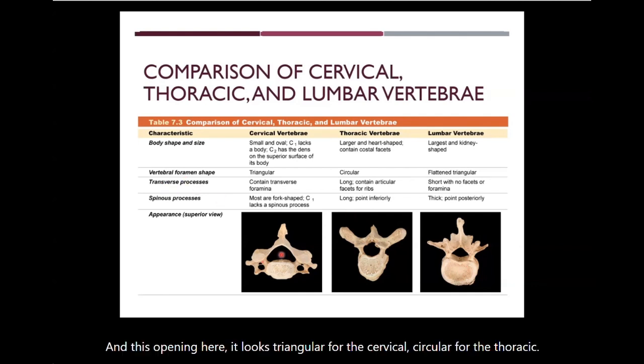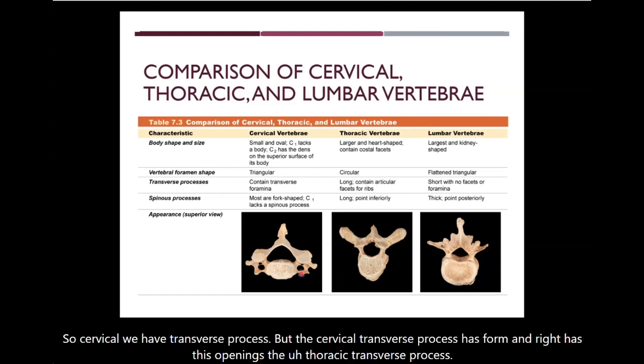The vertebral foramen, this opening here, looks triangular for the cervical, circular for the thoracic, and again a flat triangle in the lumbar. Transverse process. So cervical, we have transverse process, but the cervical transverse process has foramen, right? Has these openings.